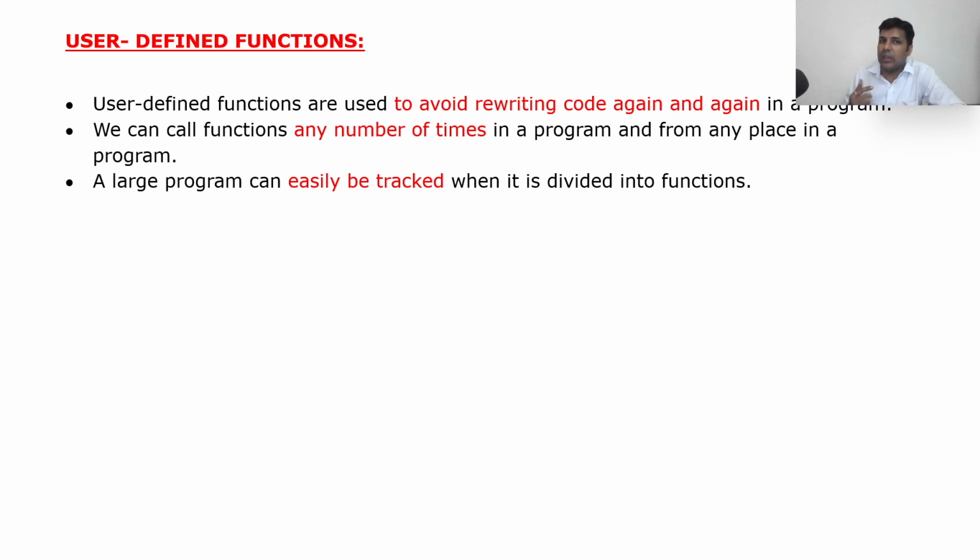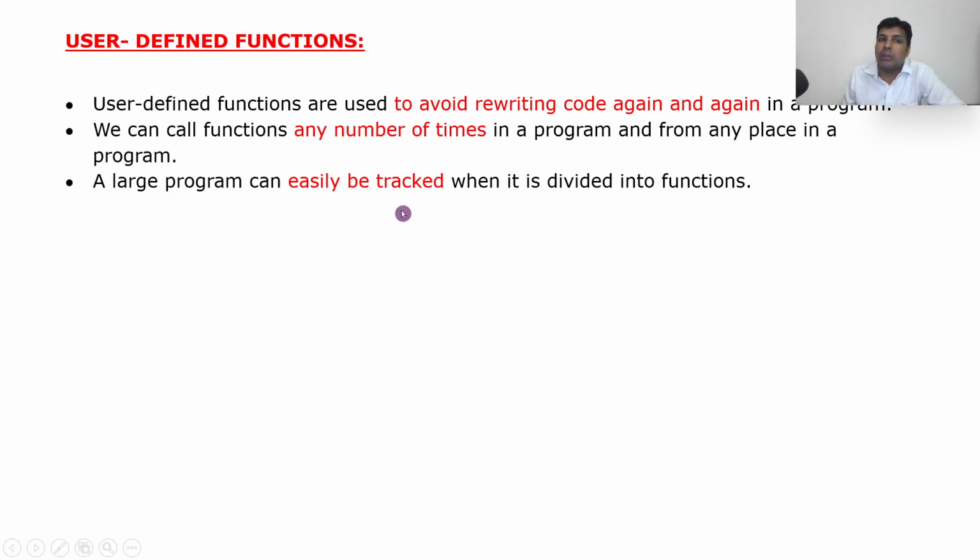But if you write it in a user defined function and call it again and again, you can use the same code multiple times. So instead of writing the same code again and again, you can use a function and call it multiple times.